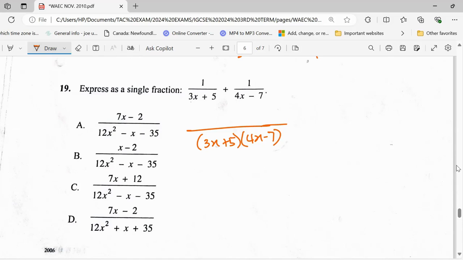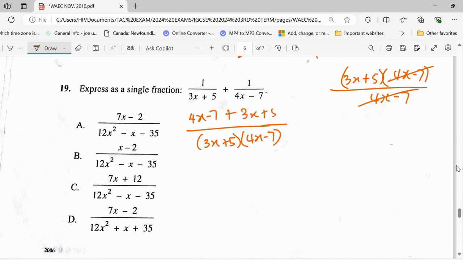We'll multiply by 1. We have 4x minus 7. When you divide 4x minus 7 by 4x minus 7, the whole of this will cancel out. We are left with 3x plus 5. Multiply by 1, we have 3x plus 5.